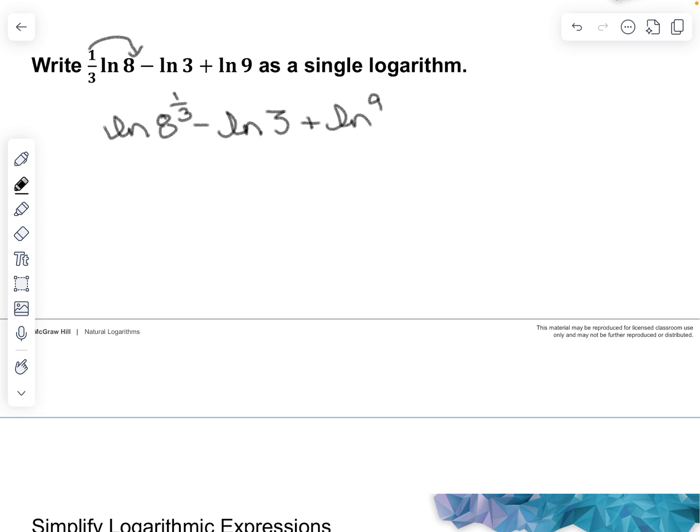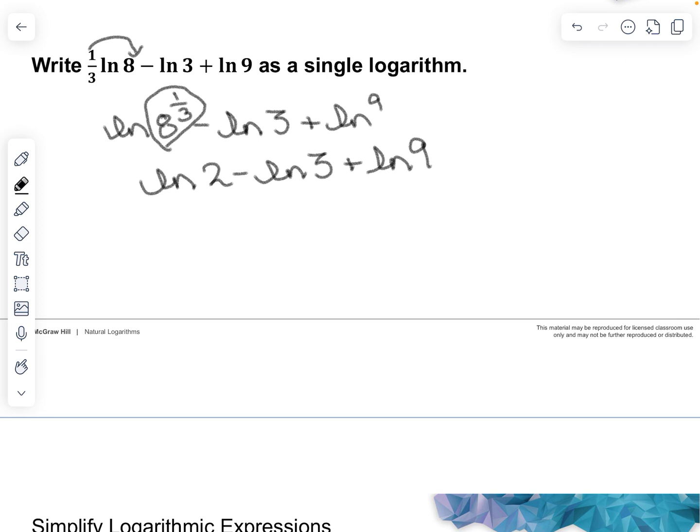I know that 8 to the 1/3, the cube root of 8 is 2, so I'm going to go natural log of 2 minus the natural log of 3 plus the natural log of 9.